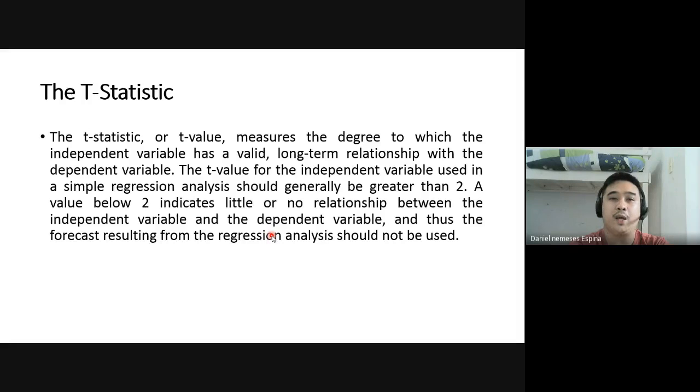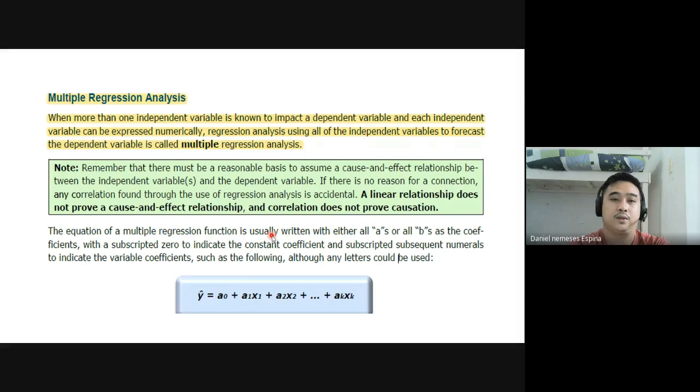So if more than one na gani ang independent or more than one na sad ang dependent, then we cannot use the linear regression nga analysis. Okay? So that calls for a multiple regression analysis. Okay, so if there's more than one independent variable that impacts the dependent variable, and each of them can be expressed numerically, so regression analysis using the independent variables to forecast is called multiple regression.